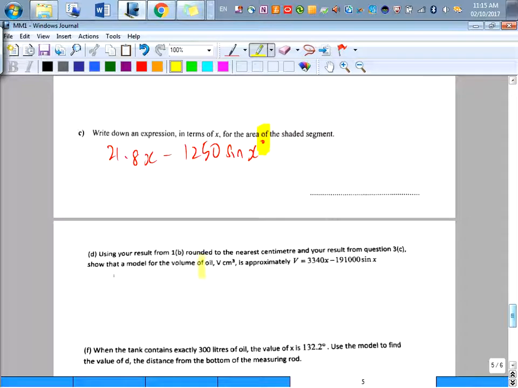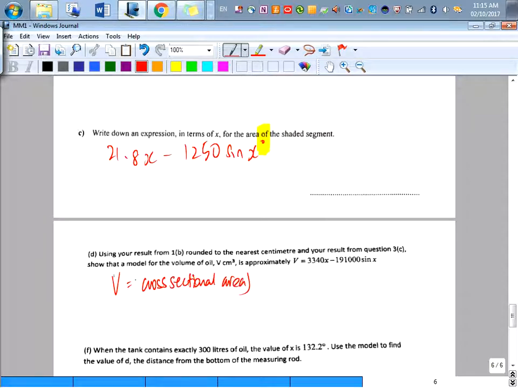So volume of the oil equals the cross-sectional area times the length.